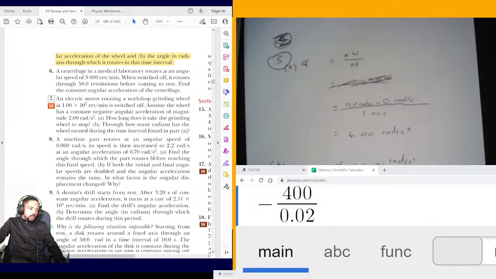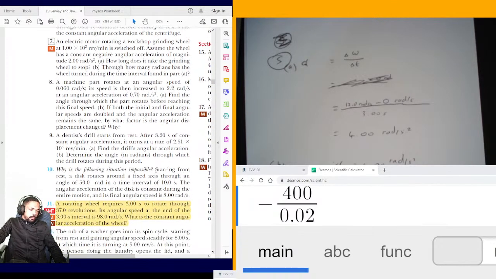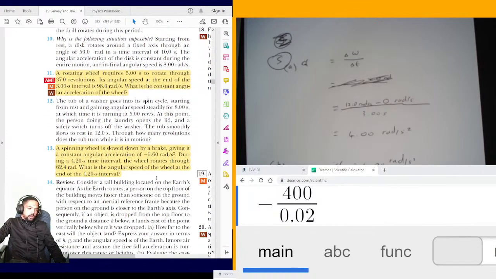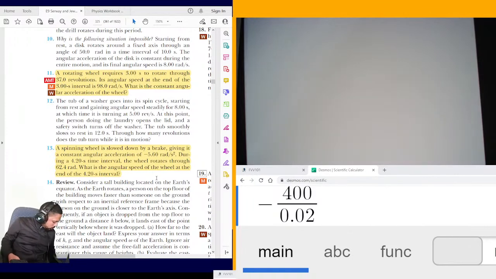Now let's go to the next problem, a rotating wheel. These are the last 2 problems that we'll do, then we'll call it a day. Note, we did start a lot earlier today.